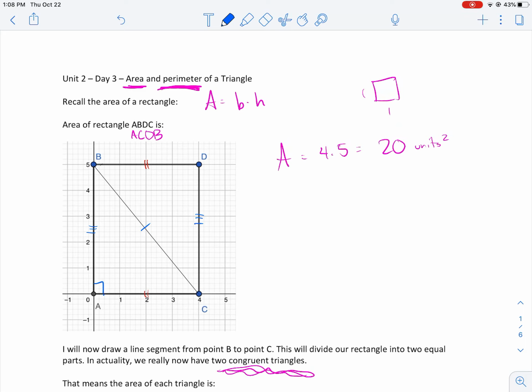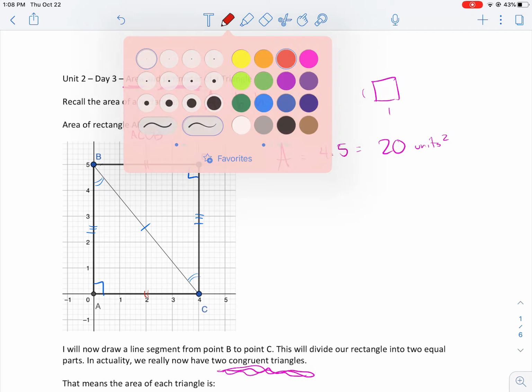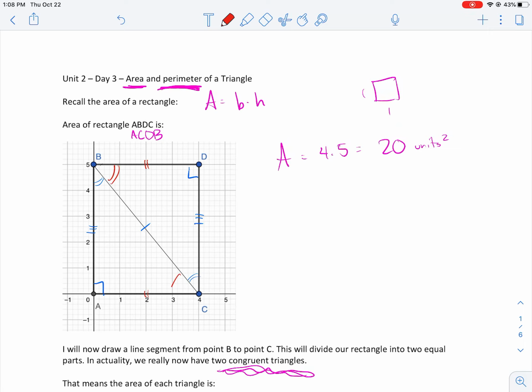And then all these angles are the same. Well, the opposite angles are congruent. So this is congruent to this one. This is congruent to that one. What we call alternate interior angles.